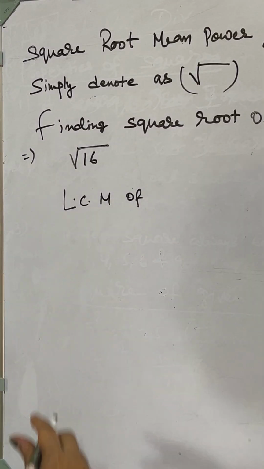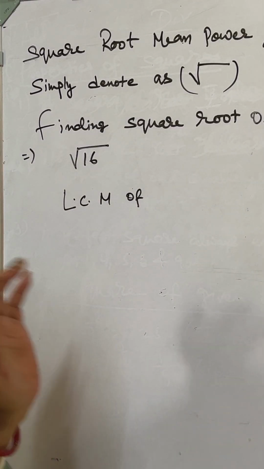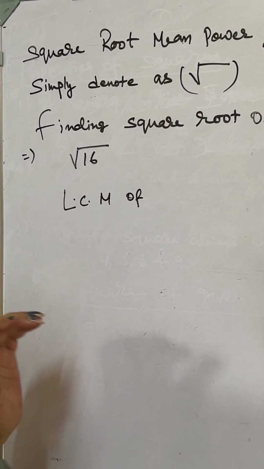This square root we are finding with the help of the prime factorization method.